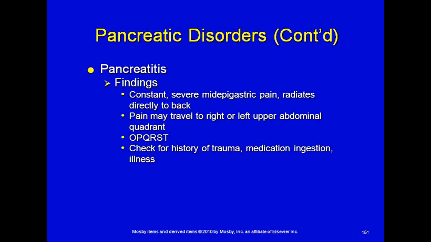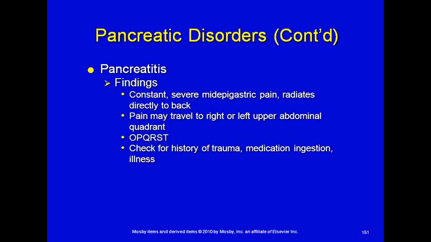Findings with pancreatitis: constant severe mid-epigastric pain that radiates directly to the back. The pain may travel to the right or left upper abdominal quadrant. When you do your OPQRST, that's of course a great way to assess for pain. You also want to check for a history of trauma, because abdominal trauma could lead to bruising or damage of the pancreas, as well as the spleen, which is just below the pancreas on that side.